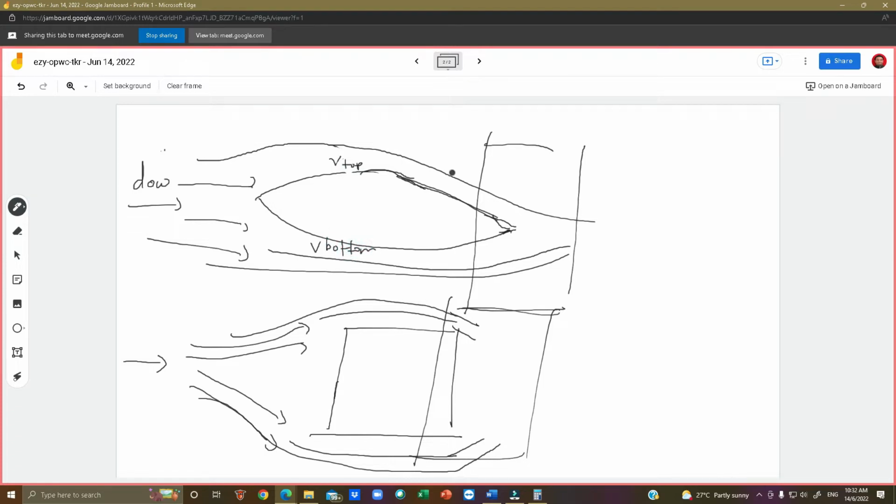If these two velocity is equal, you are going to have a mixing of air at the ends. Tapi if we compare these two shape, mixing dekat bahagian belakang kotak ni akan jadi lebih besar. Okay, dia akan jadi lebih besar compare to mixing dekat bahagian belakang aerodynamic.